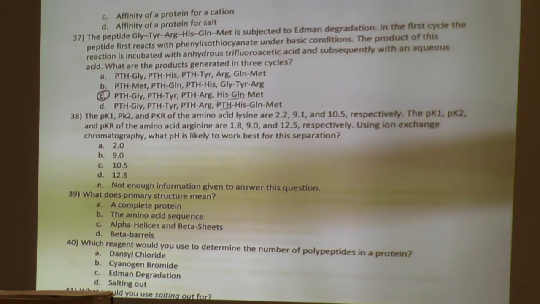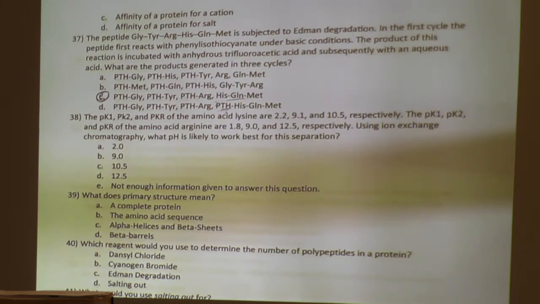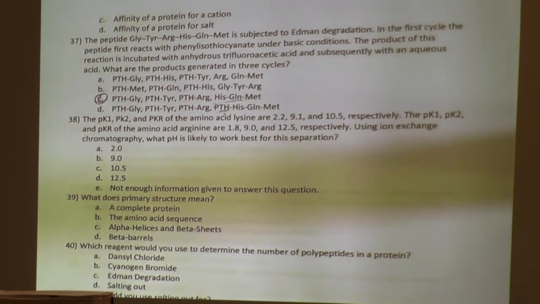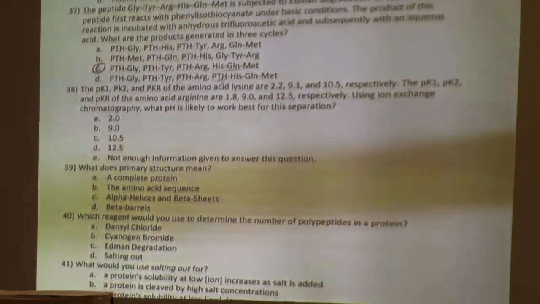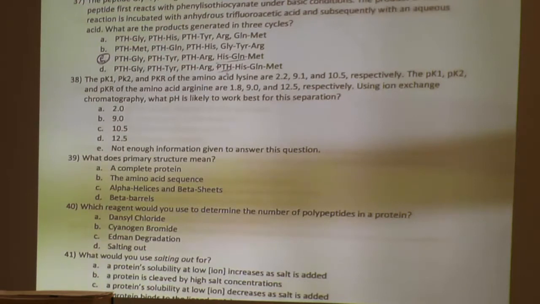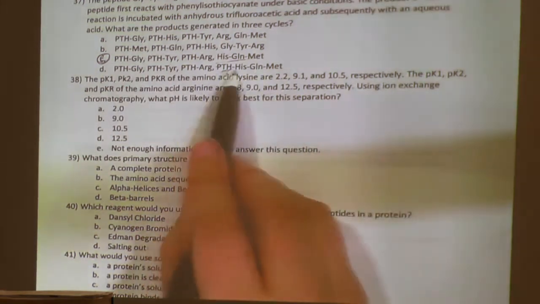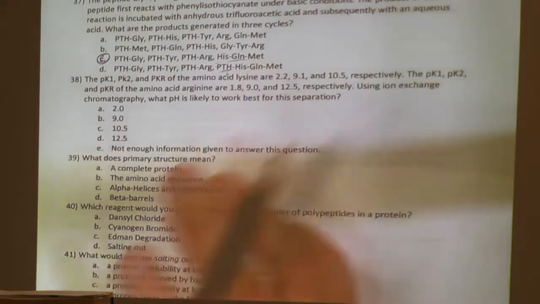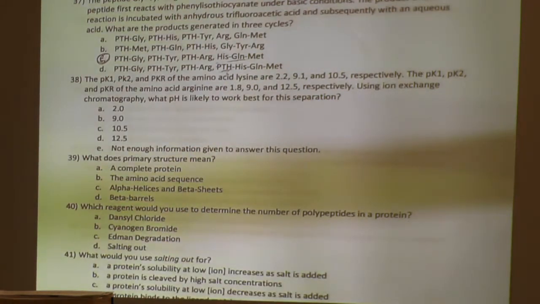Just because it hasn't been cleaved, and it reacts specifically with ones that have been cleaved. There's probably a better explanation in the book. That's just how I understand it. Yeah, if it had said 4 cycles, it would have cleaved histidine off, and there would have been no PTH attached to valine and methionine. Okay.